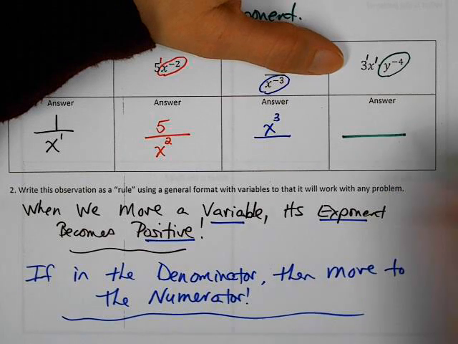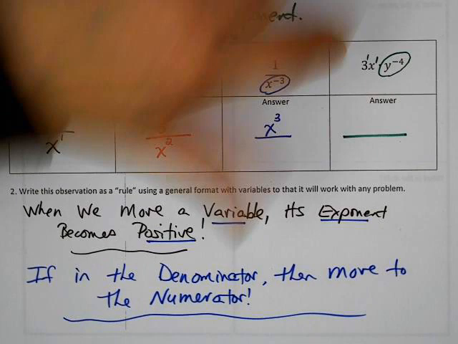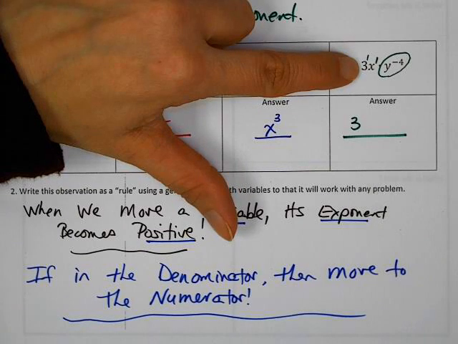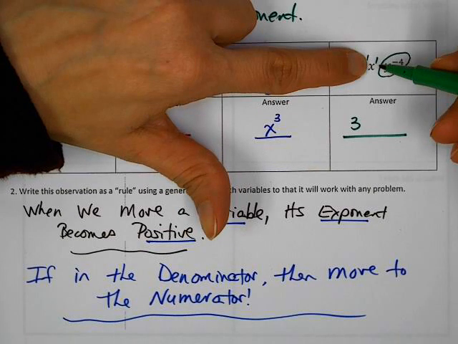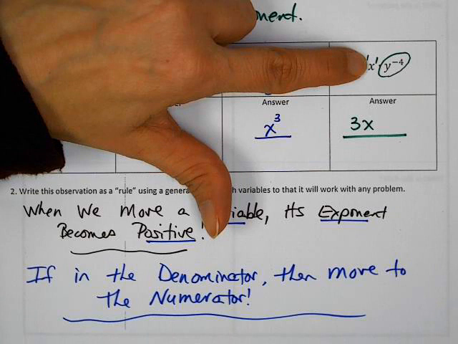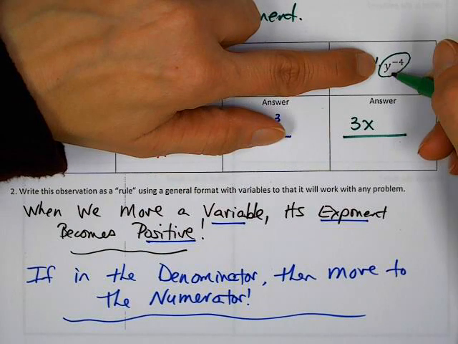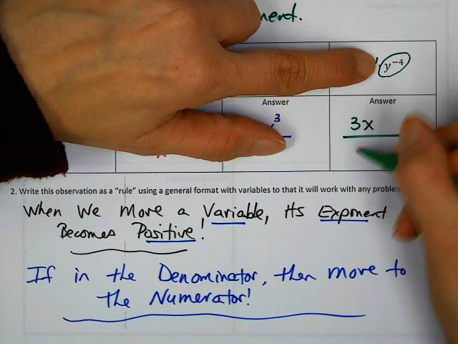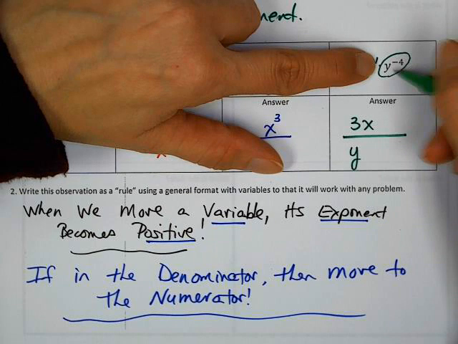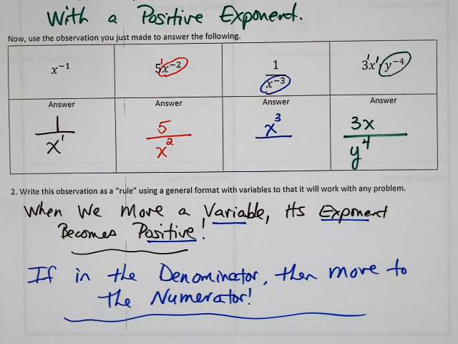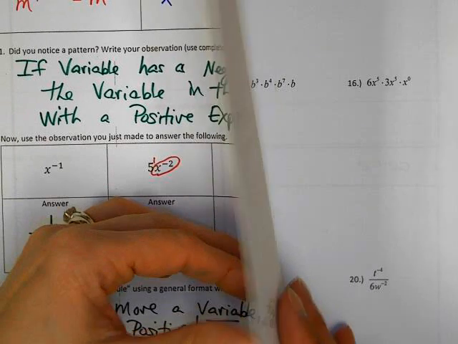So let's draw our fraction bar and do this one step at a time. 3 is going to stay upstairs. X is going to stay upstairs. Y, he has a negative power, so he's going to move downstairs. And then what kind of power do we give him? A +4. You give him a +4 power, and that's how you know how to move things.